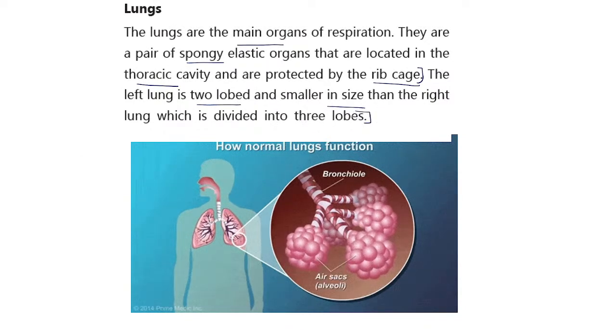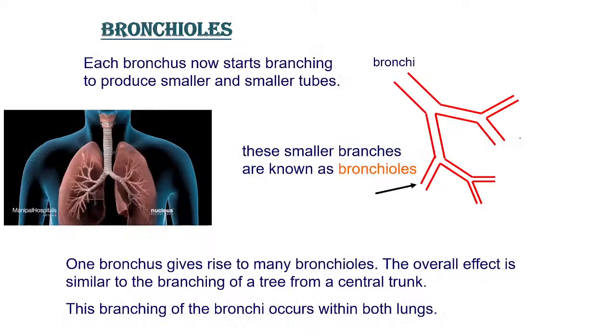What's the function of the lungs? Since I told you it's a bag, what's the function of a bag? It's to hold or carry or put stuff, isn't it? So the bronchi end in smaller parts called bronchioles through branching. At the end of each bronchiole you have tiny air pockets or air sacs. These are called alveoli, and these alveoli help in exchange of gases.